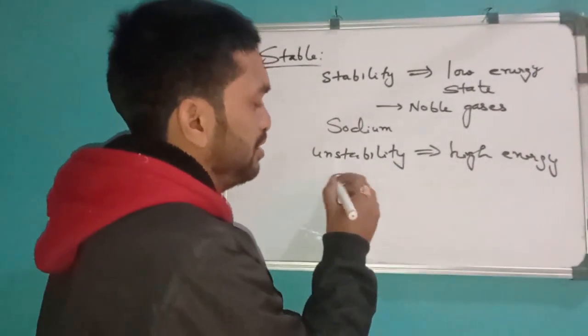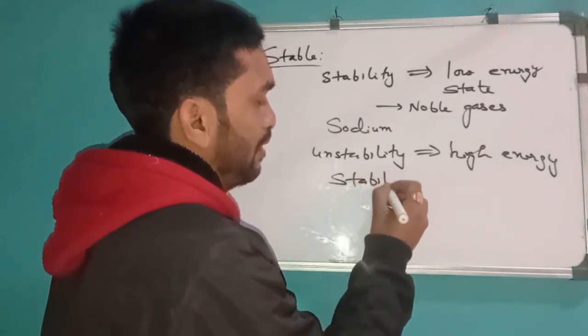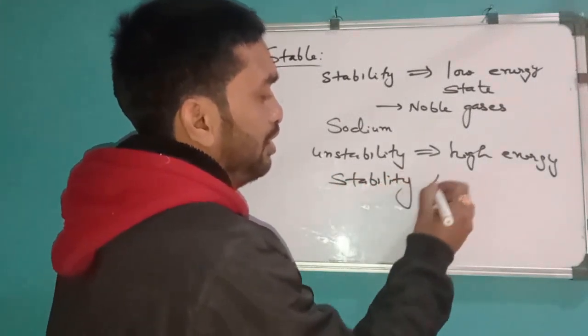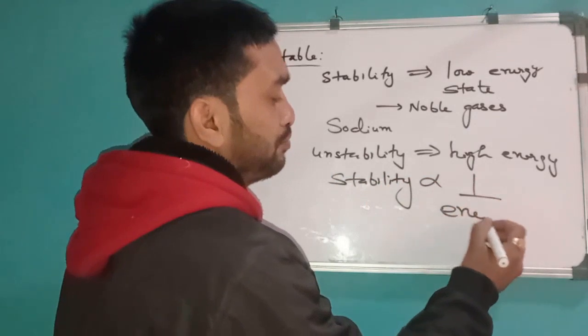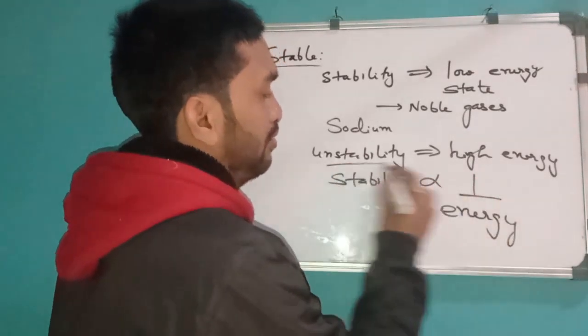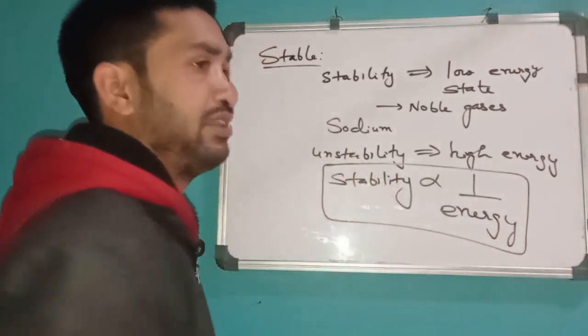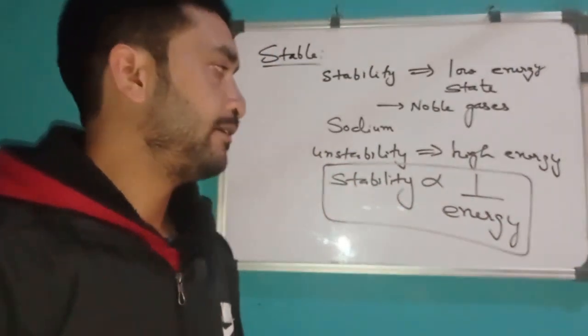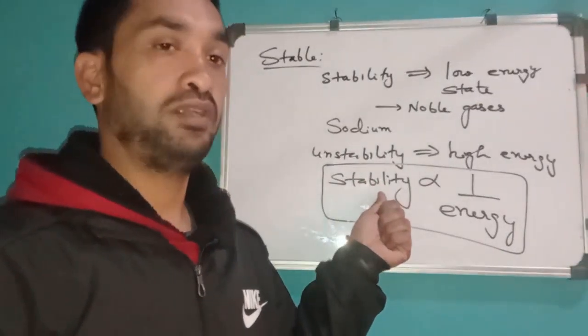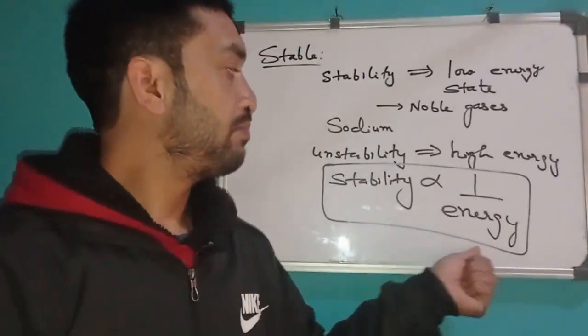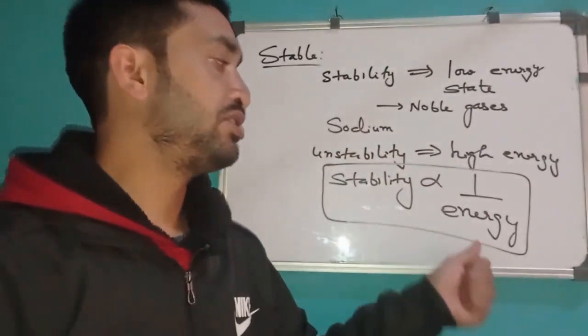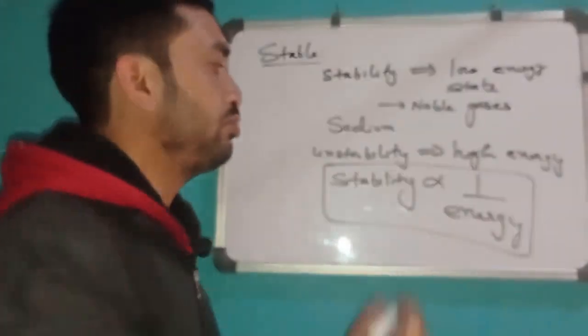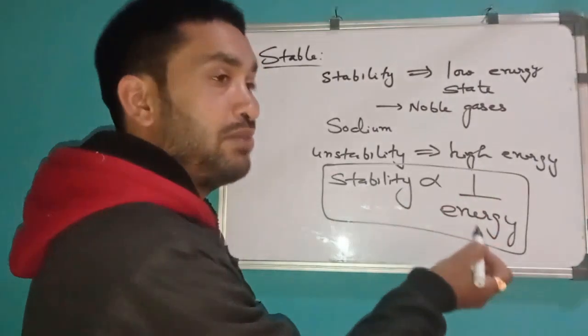Simply we can write that stability is inversely proportional to energy. This is the final thing that you have to remember. If something is stable, it means its energy is low. If something is unstable, it means its energy is high. So stability is inversely proportional to energy.